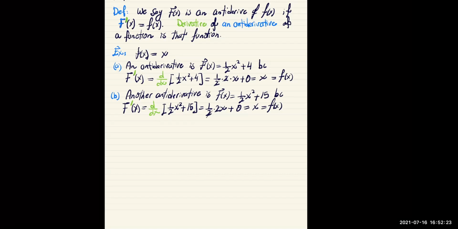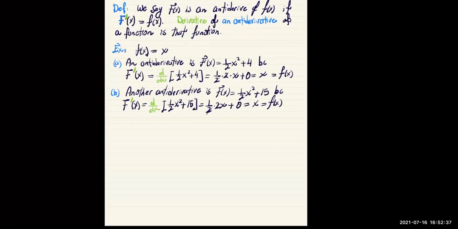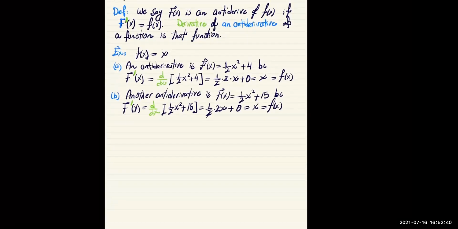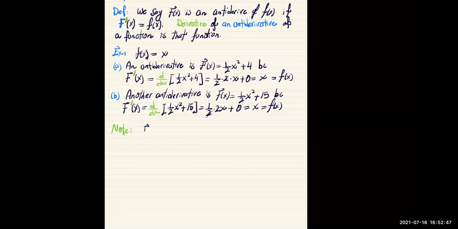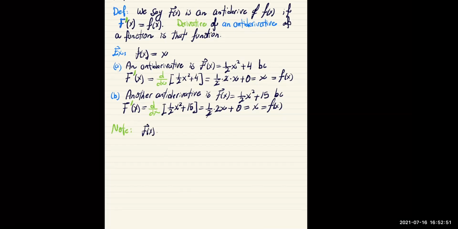So as long as I have this piece plus a constant, I have an antiderivative. Note that capital F of x equal to 1/2 x squared plus any constant is an antiderivative.